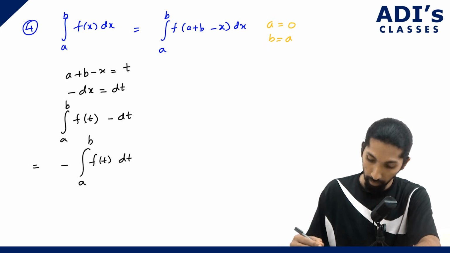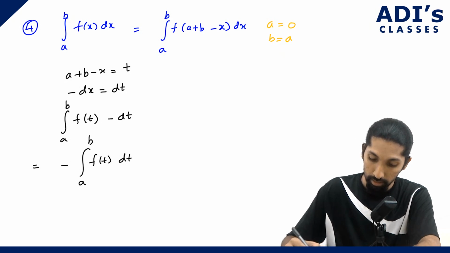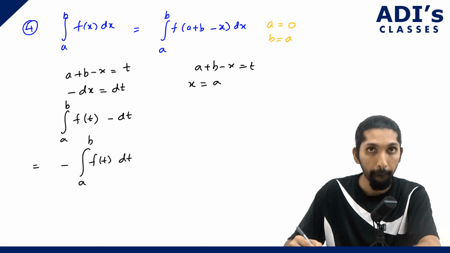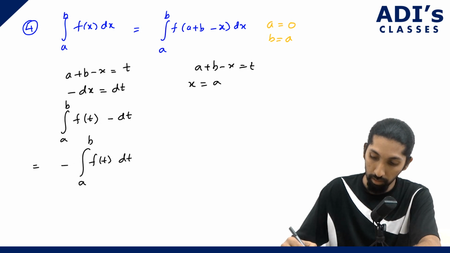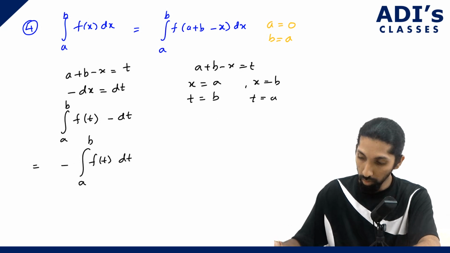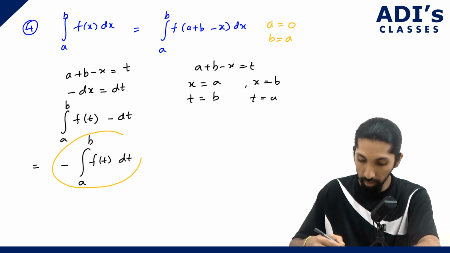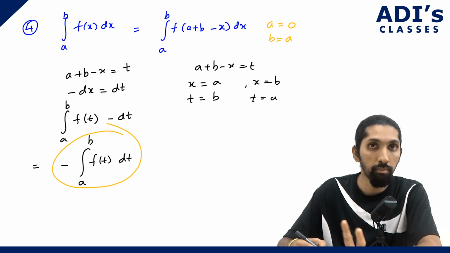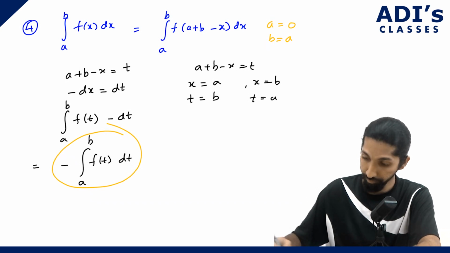Now see, when you're doing substitution, remember you also have to change the limits. So when a plus b minus x is t, when x is equal to a, t is equal to b, and when x is equal to b, t is equal to a. So the integral that we have here is true, but both the limits are going to change, isn't it?